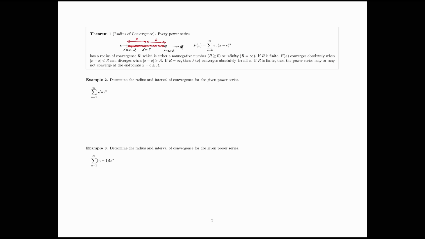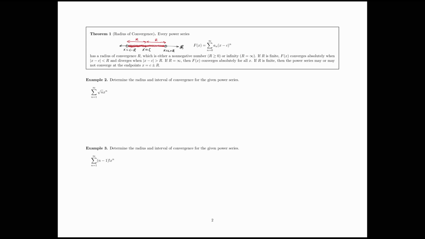Now, if the radius of convergence is infinite, then you can just imagine extending this line in both directions, in which case there is no question about what happens at the endpoints, because the endpoints would be plus or minus infinity themselves, and you can't actually get there. So you don't have to check the endpoints. You just know that if your radius of convergence is infinite, then your power series converges over the entire real number line. It converges absolutely for all x.